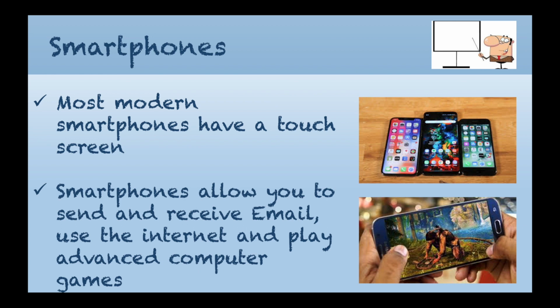The smartphone is quite a new invention in terms of technology. However, it is now a part of our lives and it can make your life a lot easier because you can access so much information on them. And part of this is using the cloud, which is what we're going to be looking at now.